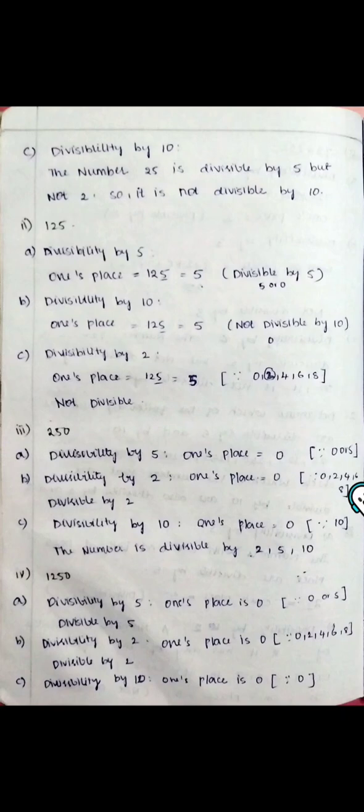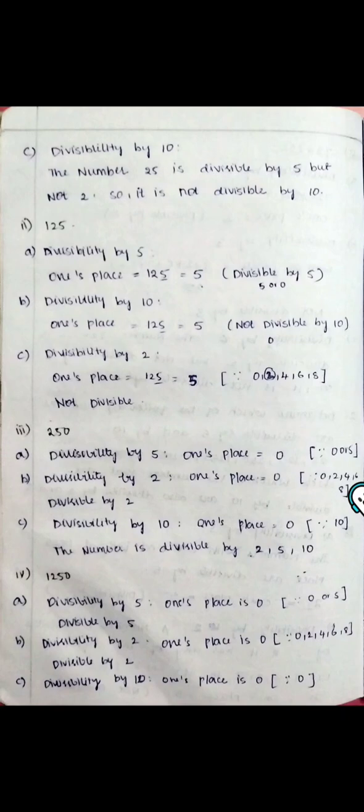In the 5 table, 5 twos are 10. Every time we multiply the 5 table by an even number, we get 0 in the last place. Since 25 is not divisible by 2, we can say it is not divisible by 10.